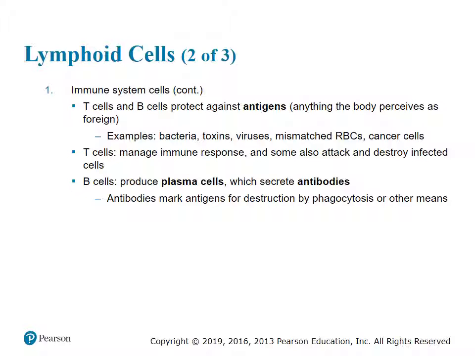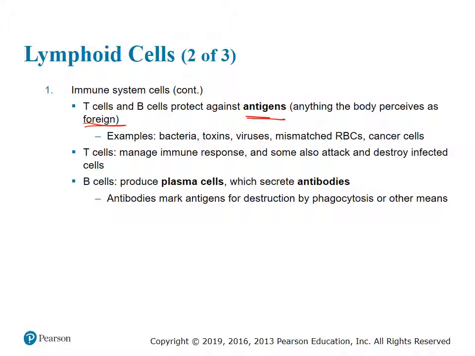Antigens is a word that we use to describe anything in the body or on the body that the body perceives as foreign. That's the key word. Antigens. So, what's considered an antigen?